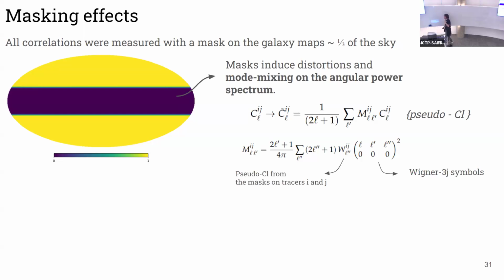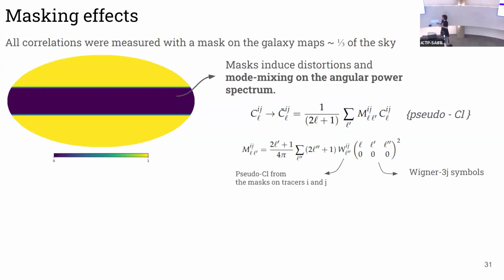So what we are actually computing with the masked field is what we call the pseudo CL. This mode mixing matrix is dependent on the masks that you apply on your tracers, which are the galaxies and binary black holes, and it is dependent on the Wigner 3D symbols. So things can get pretty hairy.